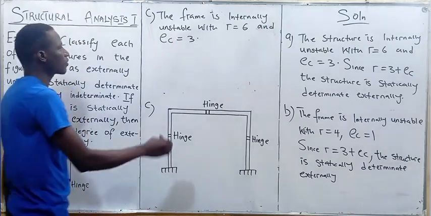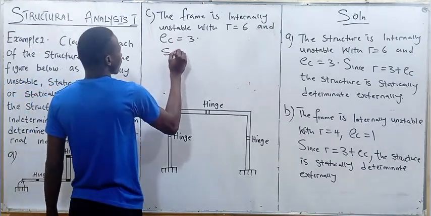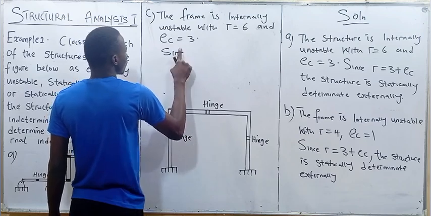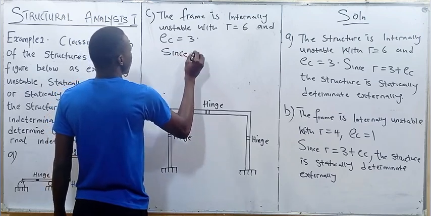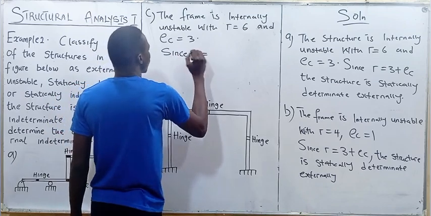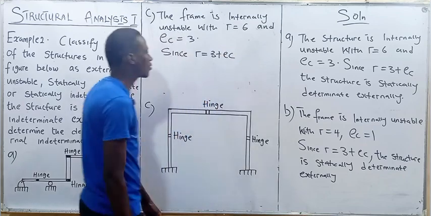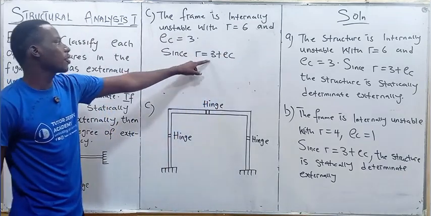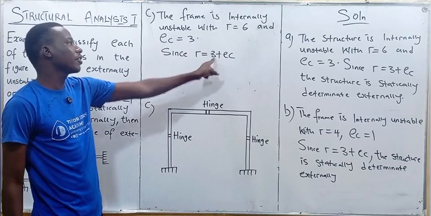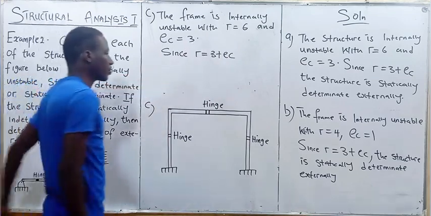Now, from here, you agree with me that since R is equal to 3 plus EC. Is that correct? We have 3 plus EC, EC is 3. 3 plus 3 is 6, and R is equal to 6. So that is correct.